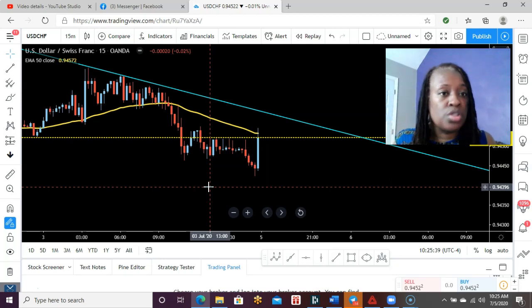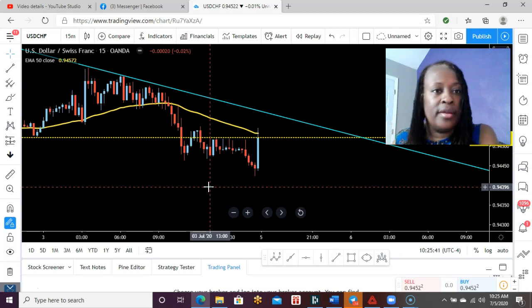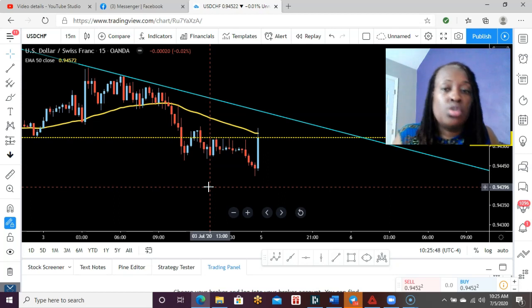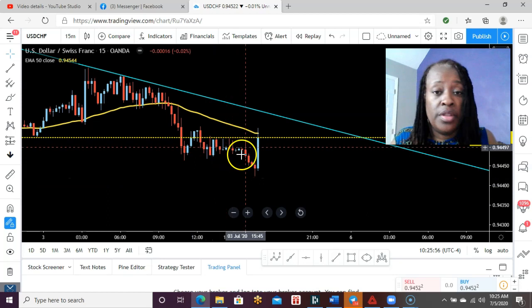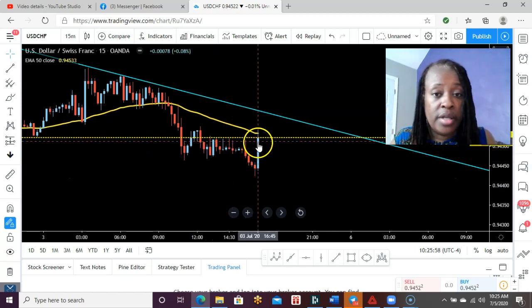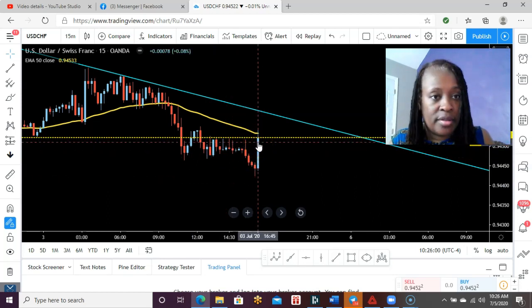The impulse is always in the direction of the trend. So when we know the trend, we automatically know the impulse, right? Everything else lines up. We're in an overall downtrend on the 15-minute, which means this bullish run here is a correction.